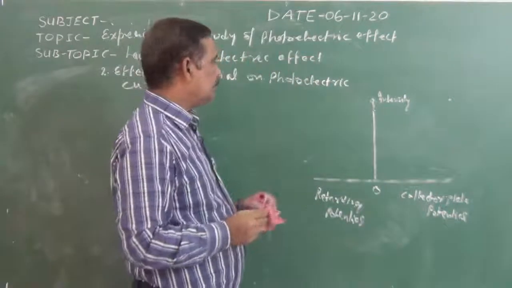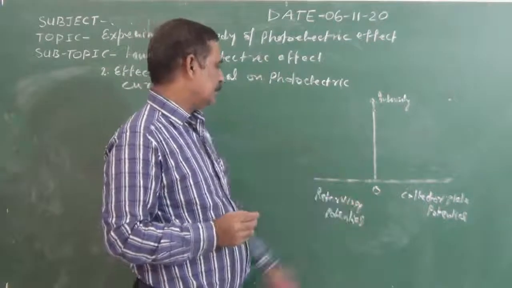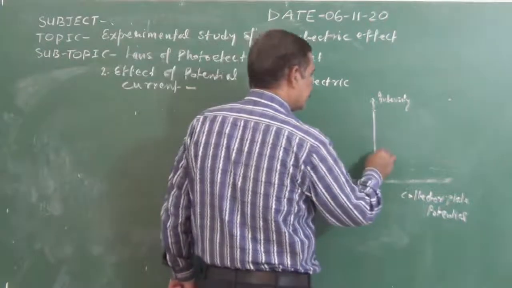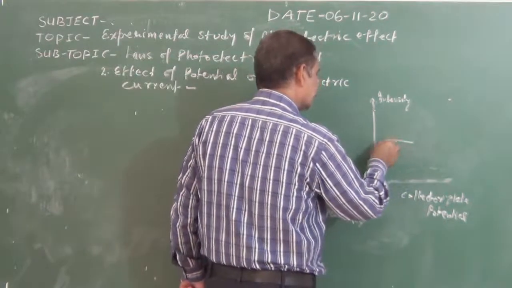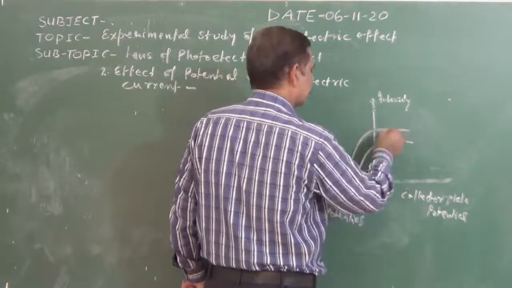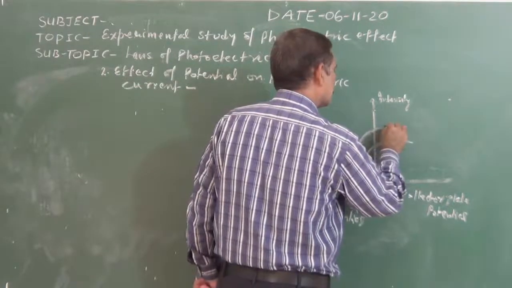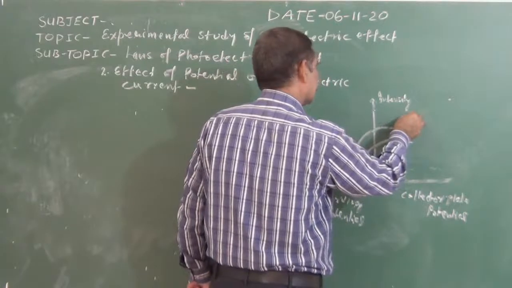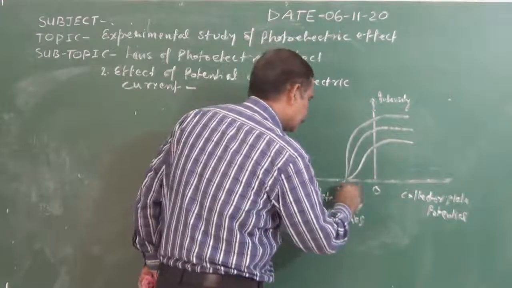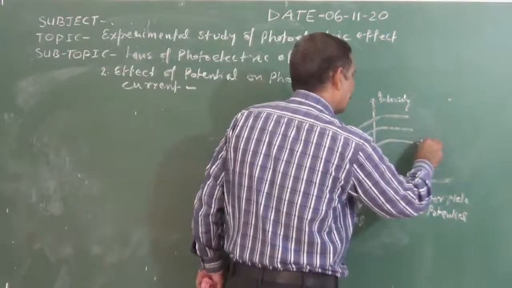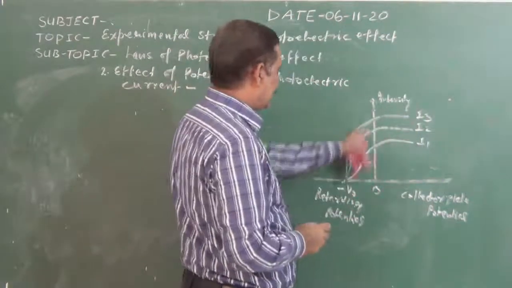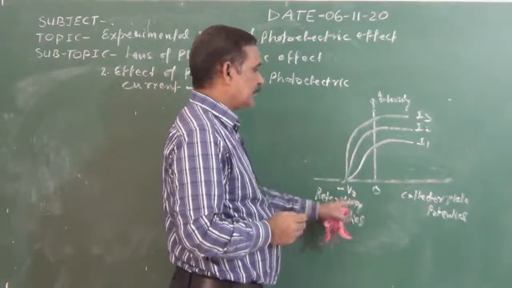When you plot the graph of intensity versus potential, the nature of the graph will be like this, with I1, I2 and I3. This is intensity, this is retarding potential, this is collector plate potential.